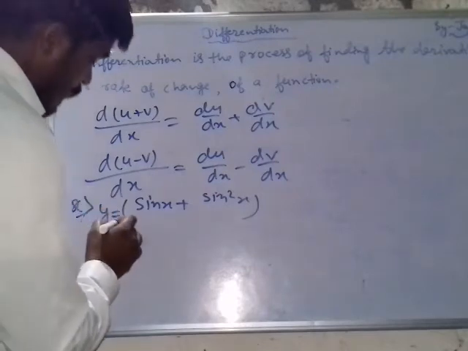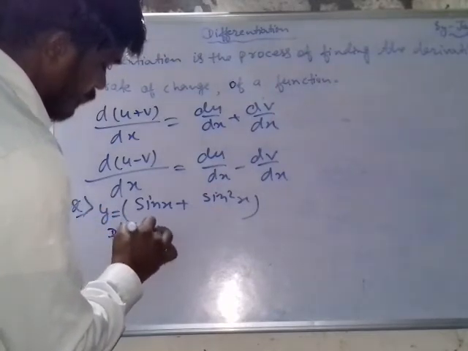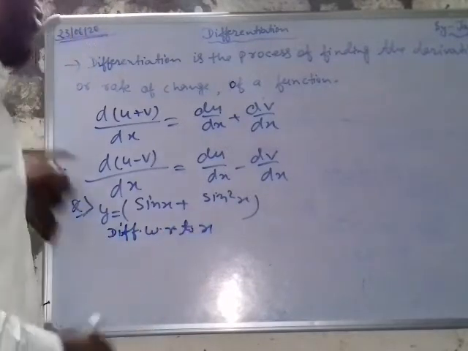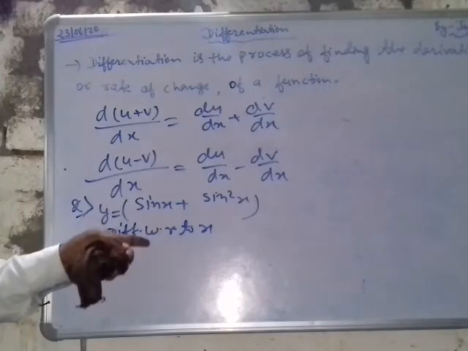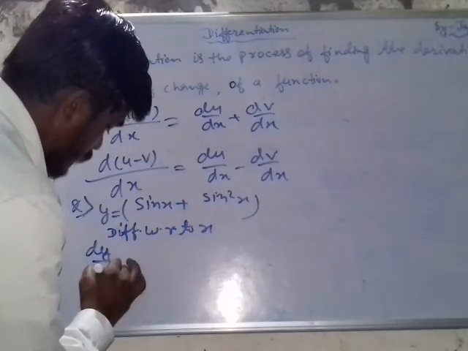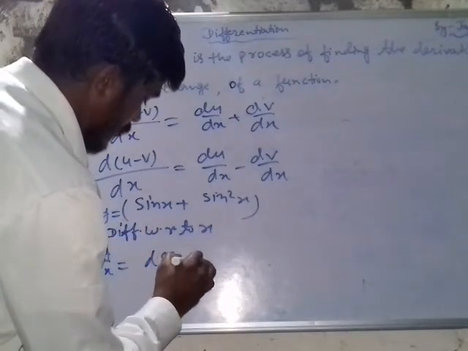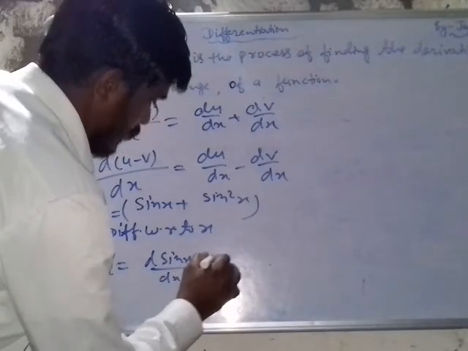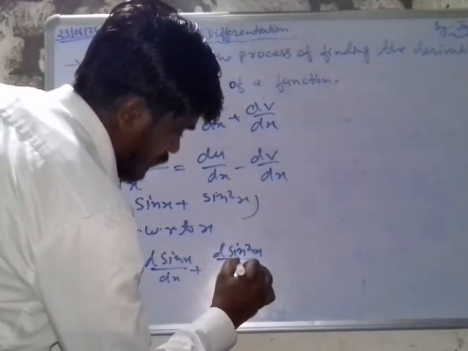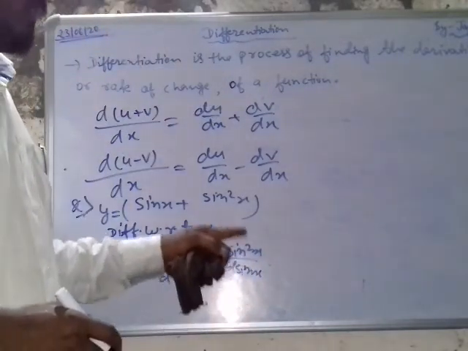So we differentiate this function with respect to x, then dy by dx equals to d sin x by dx plus d sin square x by d sin x, because this is a function of function.